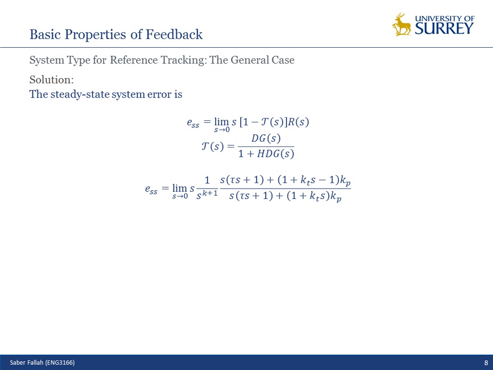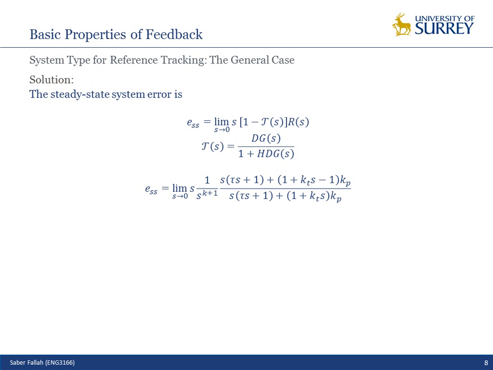If I calculate this steady state error, which means I put s equal to 0, this one is 0, this one is 0, this is 0. In the denominator, I have just Kp, and in the numerator I have just Kp as well. So it will be 1. Depending on the value of k, I have different steady state error.